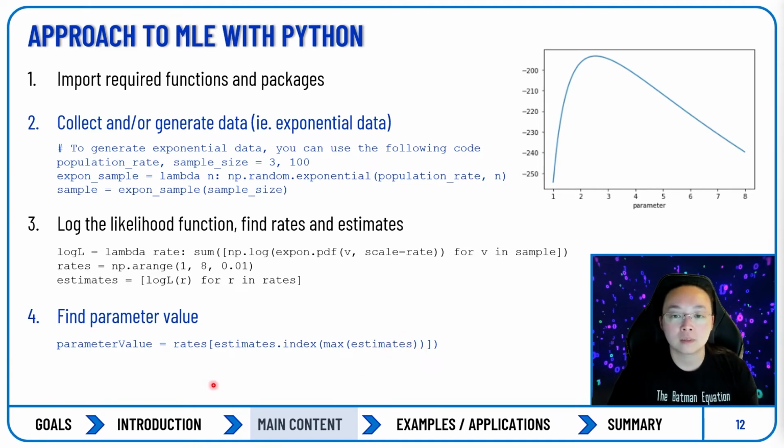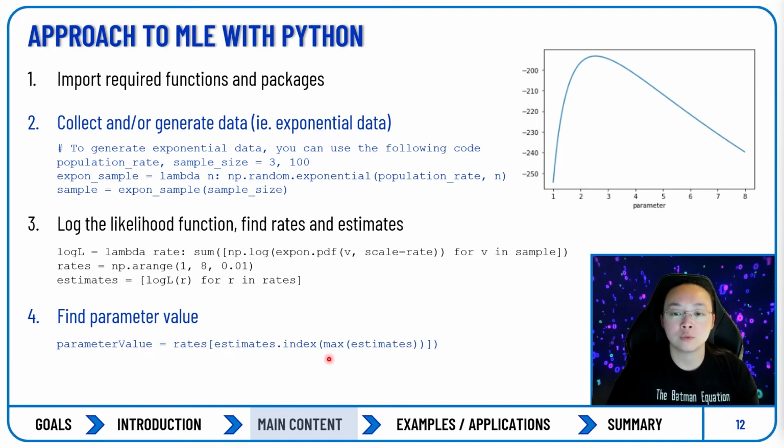So I'm going to reiterate this. We want to find the best fit parameter value for our distribution and our given data set. In order to do that, we're going to take a look at all the different rates that we've analyzed. We're going to take the estimates and turn it into an index to screen from.